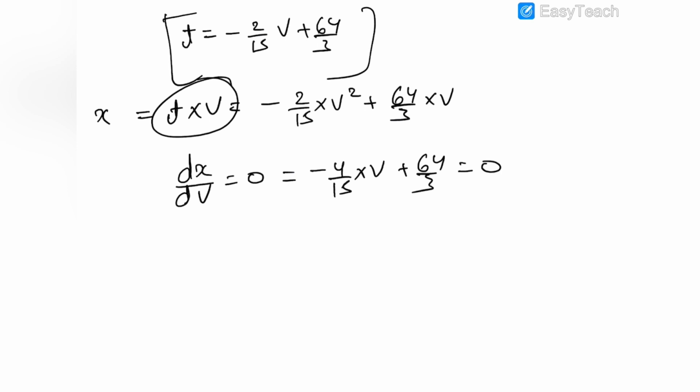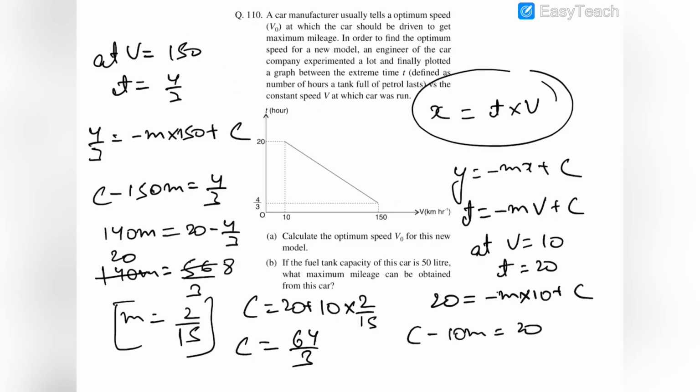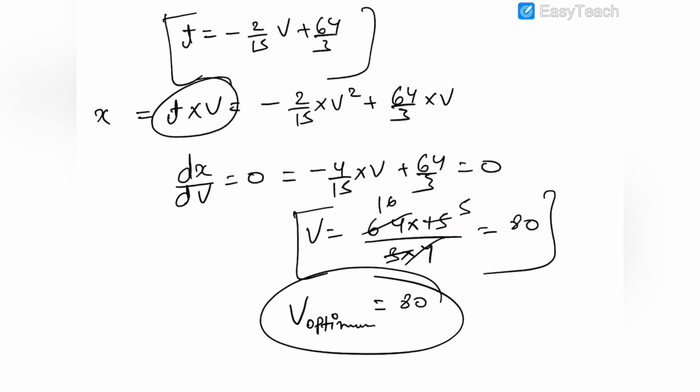It should be 0. So v should be equal to 64 into 15 by 3 into 4. So it is 16 into 5, which is 80. So v is equal to 80, and it is the optimum speed. V optimum is 80, at which the car should be driven so that mileage is maximum.